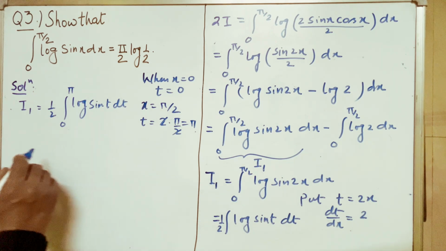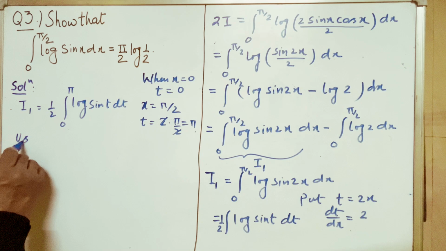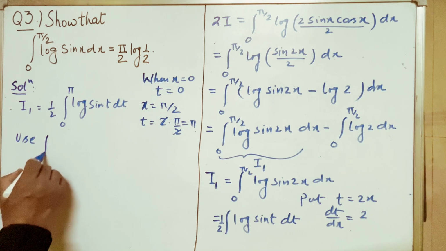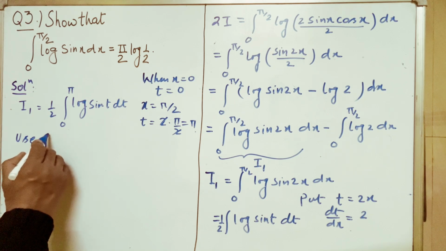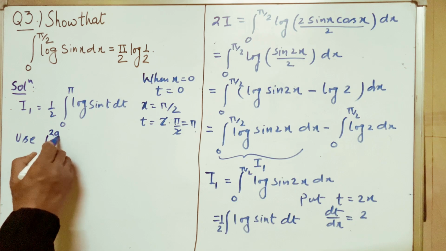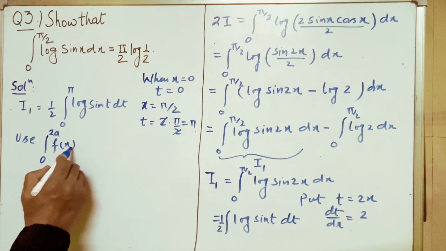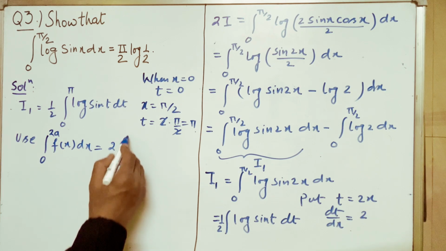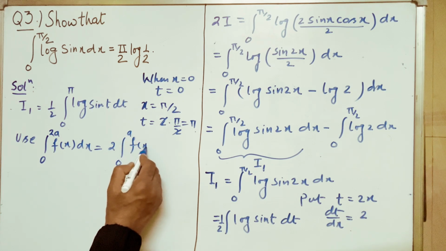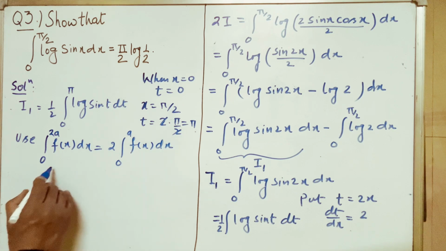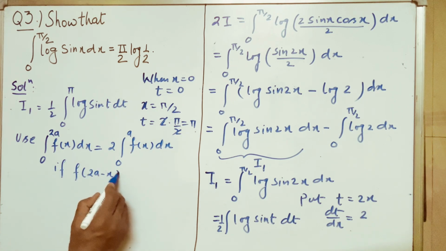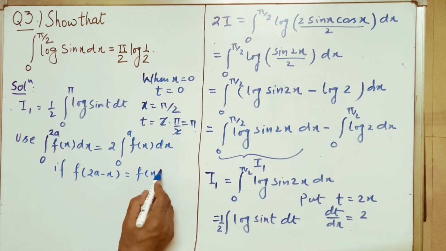Now after this step, we will use this property of definite integration. It says that integral 0 to 2a f(x) dx will become 2 times integral 0 to a f(x) dx, if f of 2a minus x is equals to f(x).